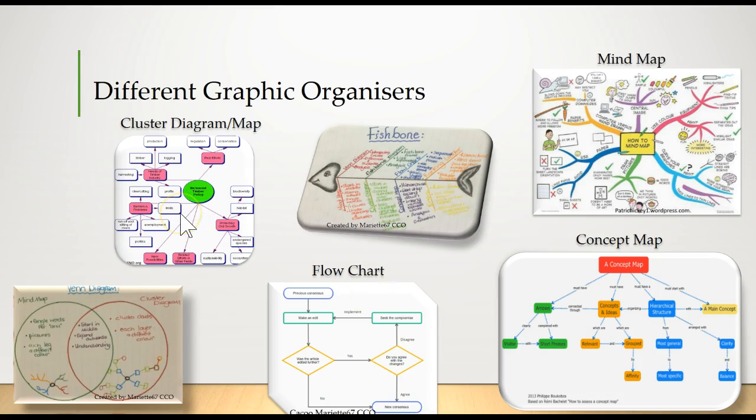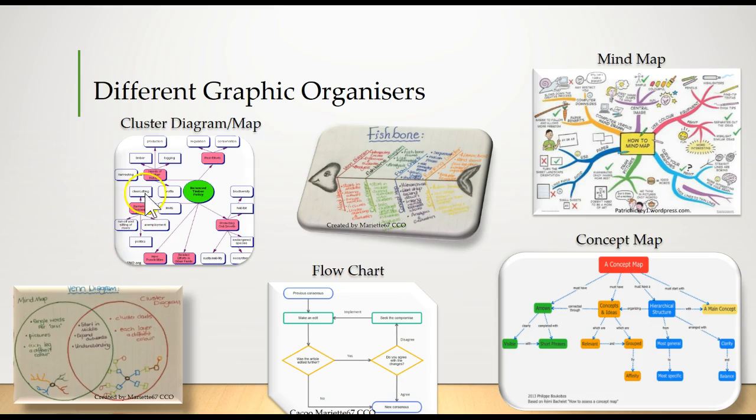Firstly, let's look at the cluster map or cloud diagram. It starts in the center with the main topic. It moves outwards. Secondary topics will be, in this case, in pink, and then one layer further down it is in white.